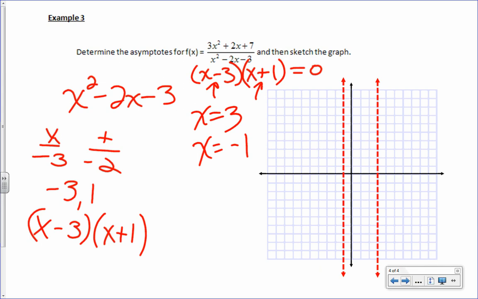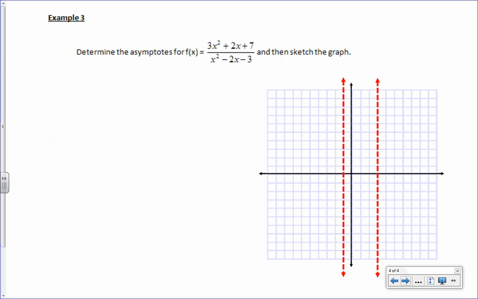So there are some verticals. Any questions on how I found those? No? Just in a second I'm going to erase that stuff. So everybody good? Got it written down? So now that we found that, what's probably something we should find next?